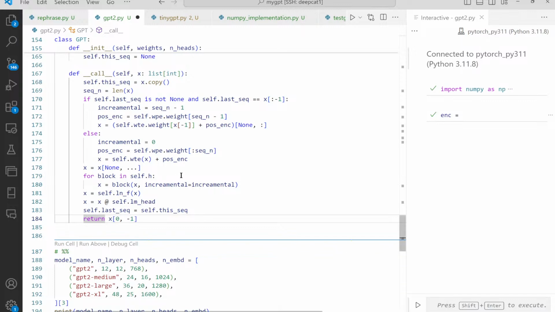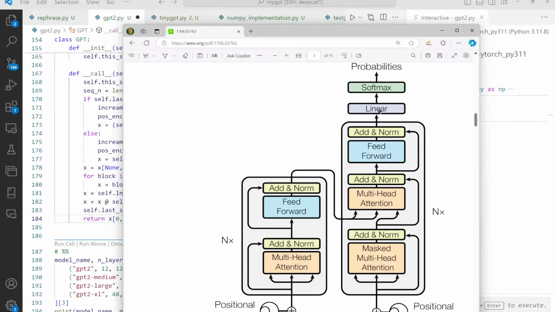After we get the GPT, we get the LM head, and we multiply our output by the LM head. This corresponds to the last linear part. We haven't done the softmax yet.